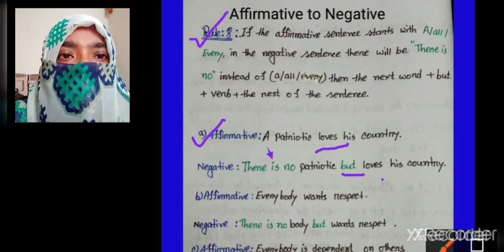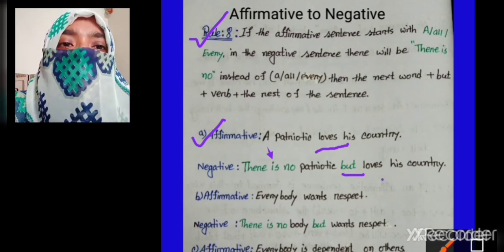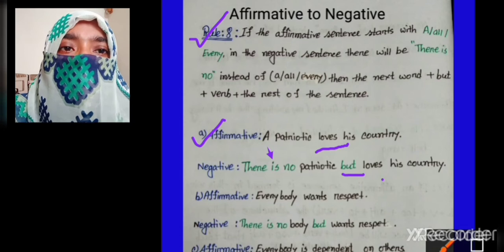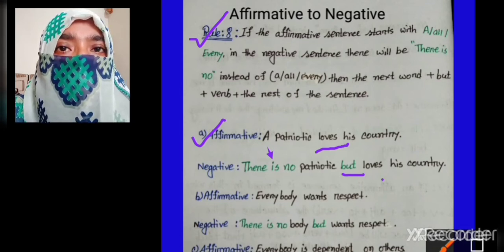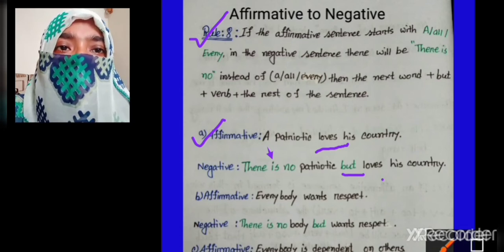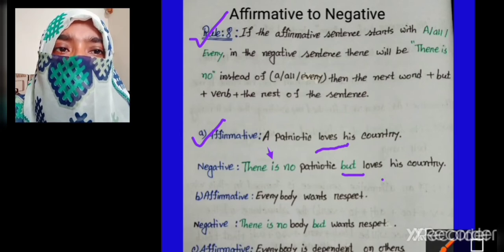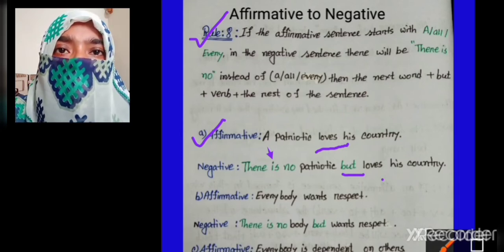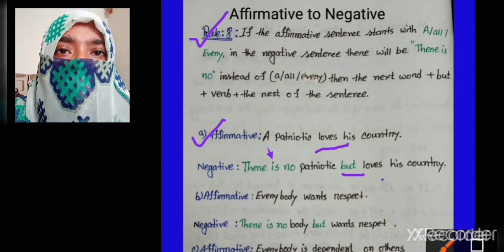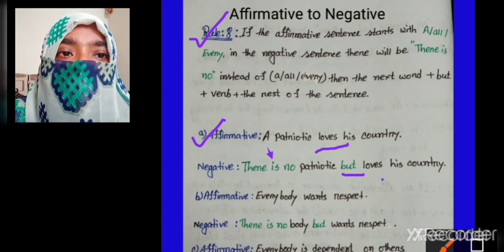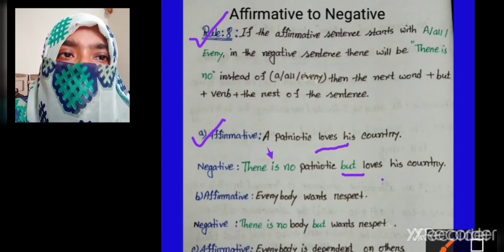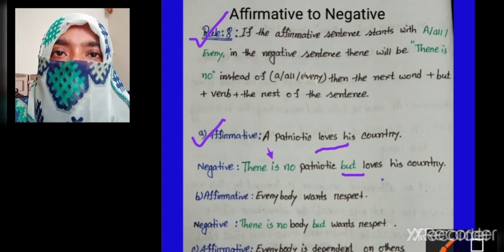So the main thing is that we'll have to bring here there is no instead of a, all or every. Then the next word patriot, then we'll have to bring here a word but, then we use the verb of the affirmative sentence loves, then the rest part of the sentence his country.